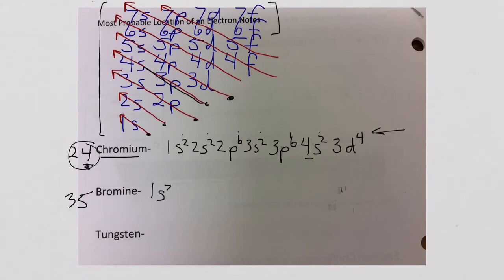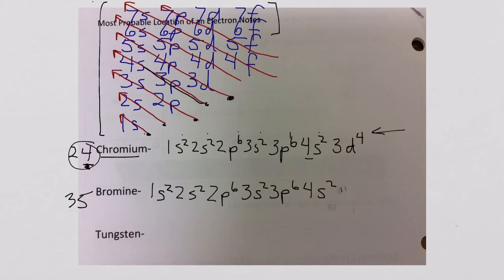So let's start over, 1s2, 2s2, 2p6, 3s2, 3p6, 4s2. Okay, so we're at the end of this row right here.